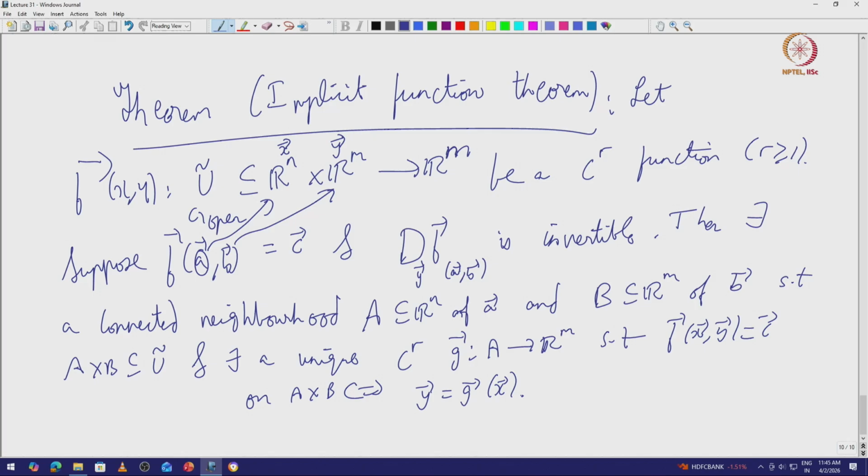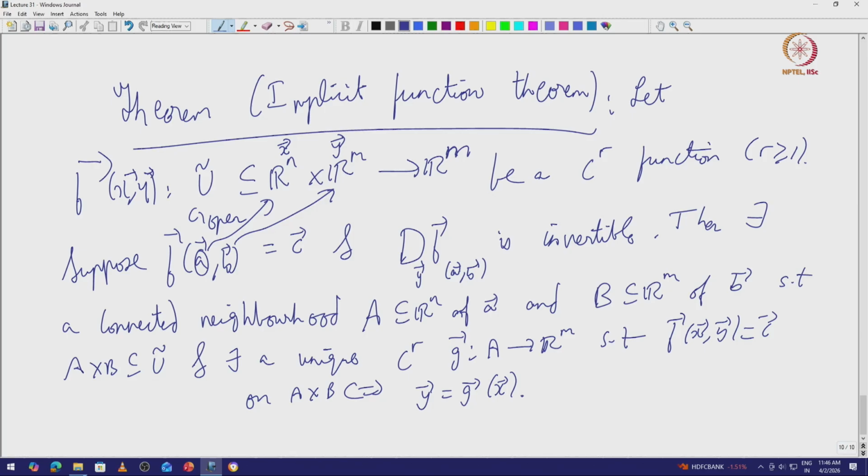So this is a long statement. Let's try to decode what this is saying.